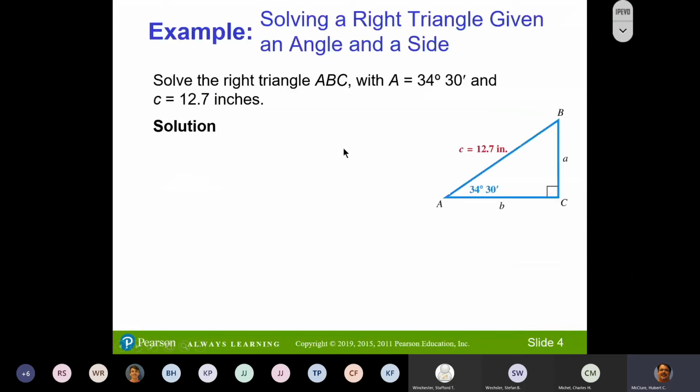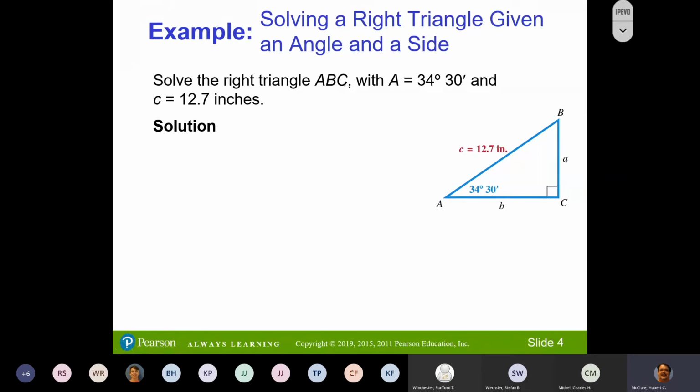Here's a problem right here. Now you're going to have to use your calculator for this. I'm just telling you. So here we got a triangle, and this triangle is like so. And I'll pull my drawing up in just a minute.